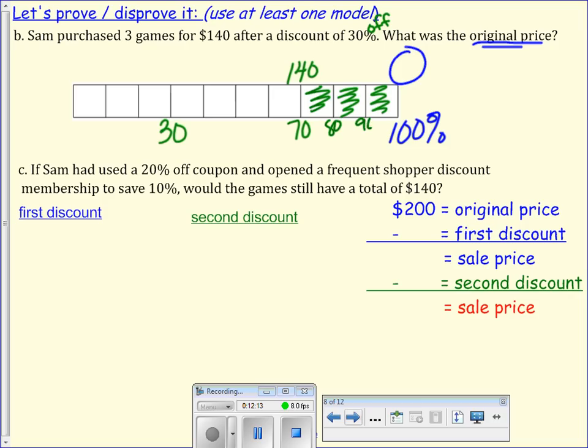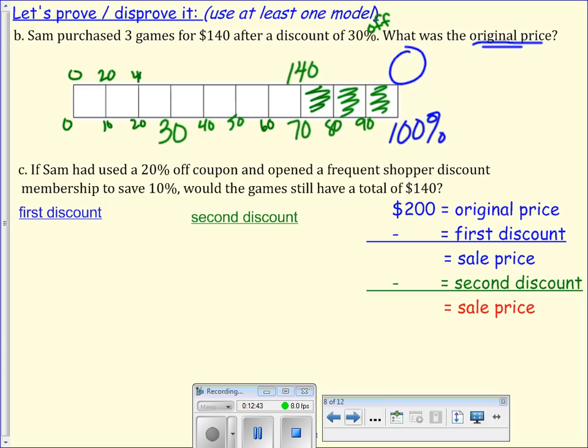So now I can fill in the rest of my table, or my double number line. So what are my intervals here? I took 7 boxes to get up to 140. Draw this, please. So what's 140 divided by 7? 20.